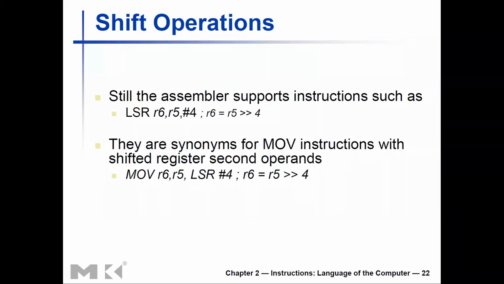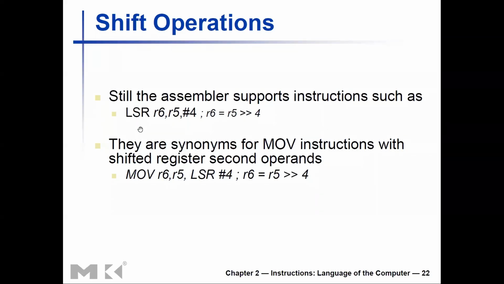But here you can see something different to that idea, because the assembler still supports instructions such as LSR R6, R5, #4. Here it is logical shift right. Now you see there's a separate instruction for logical shift right that is supported by the assembler.